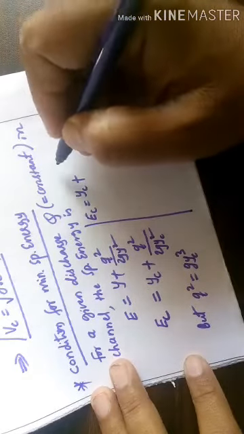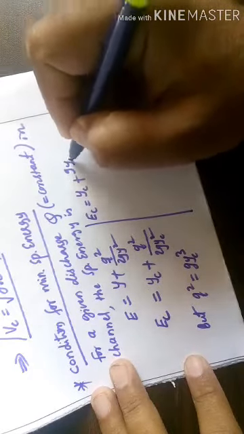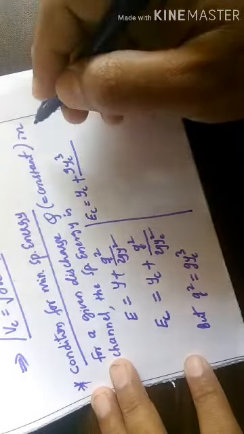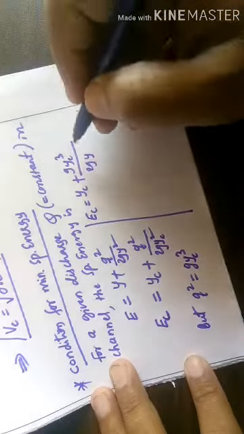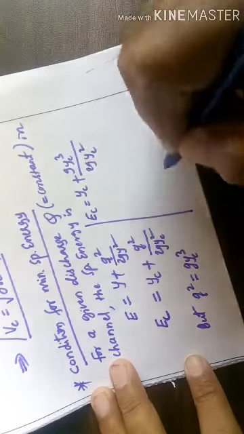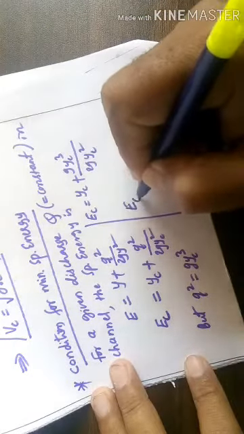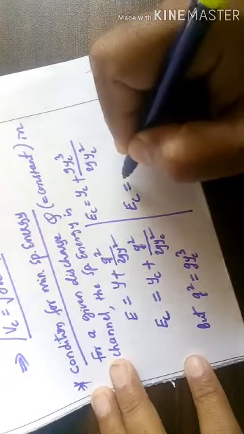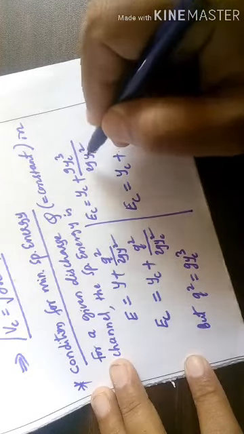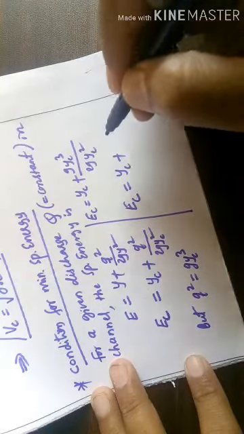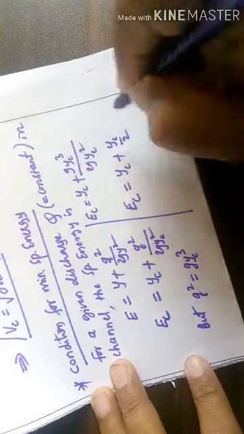So substitute in the above equation, we get Ec equal to yc plus g yc cube divided by 2g yc square. Then when you solve this one, you will get Ec equal to yc plus yc by 2.